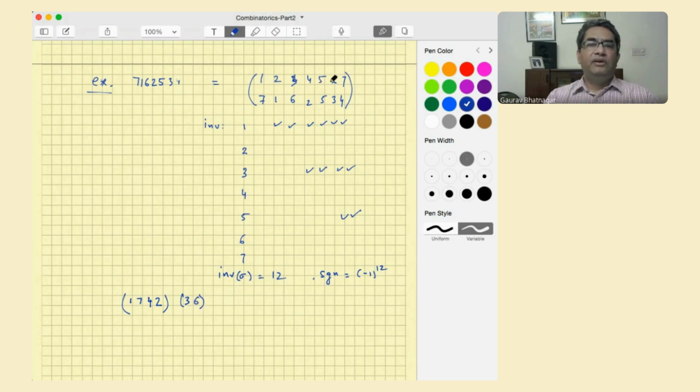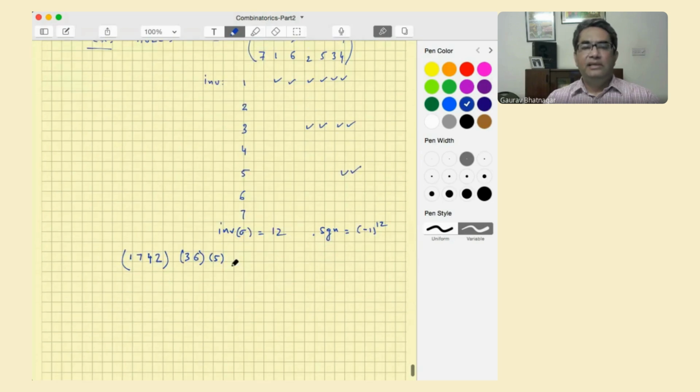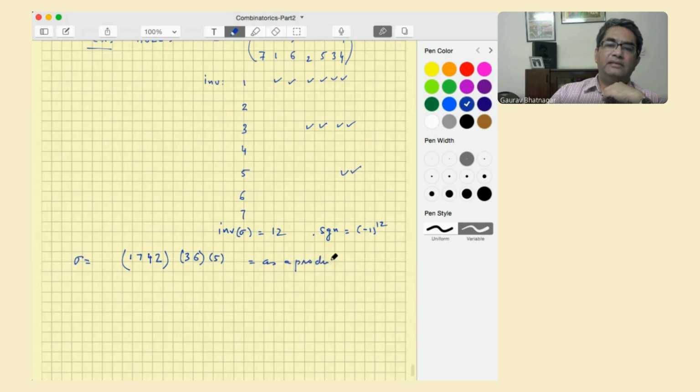Then 4 is covered, 5 goes to 5, there is nothing there, so this is a single guy, and 6 and 7 are covered. So this is sigma as a product of disjoint cycles.